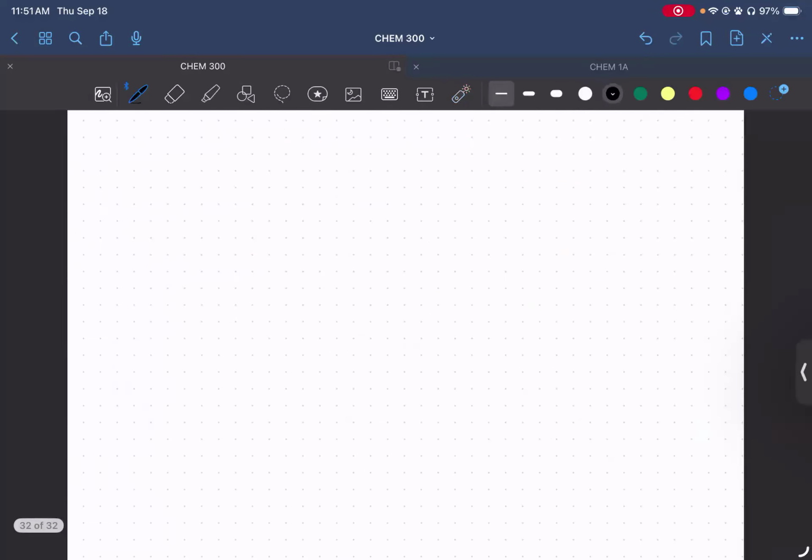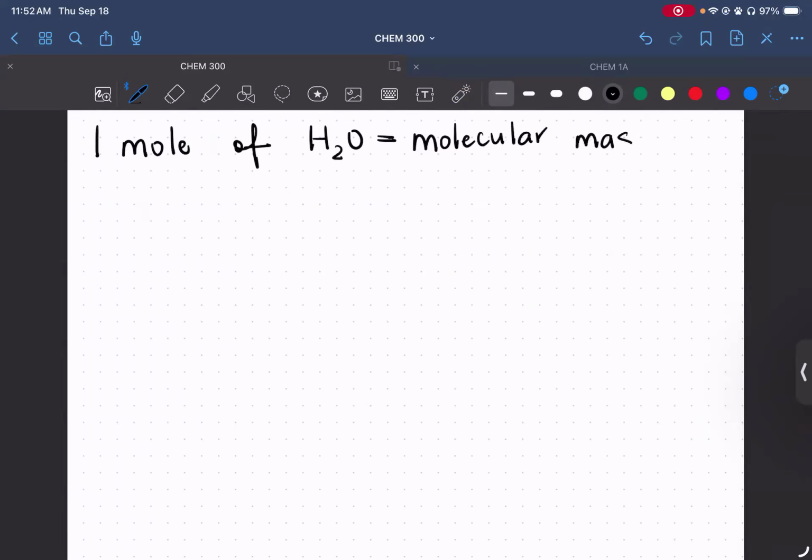What exactly does that mean? Well, let's look at water. 1 mole of H2O is equal to its molecular mass. So how do we get the molecular mass of H2O? Well, that's easy. We know that there are 2 hydrogens. There is 1 oxygen, H2O.